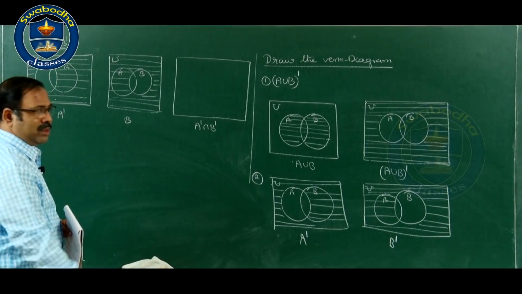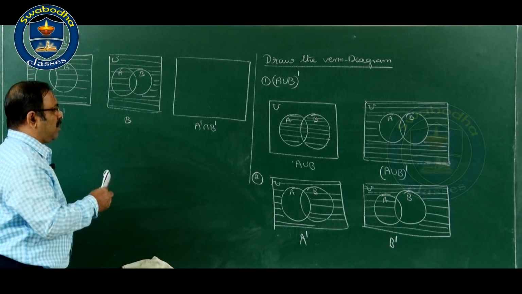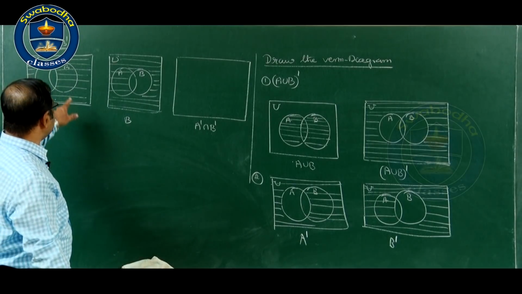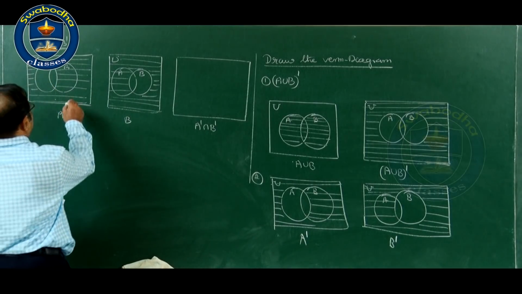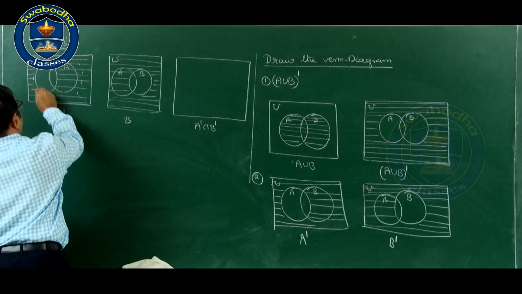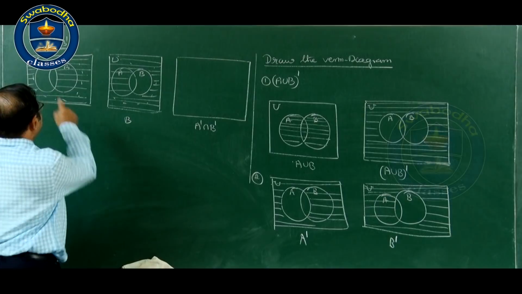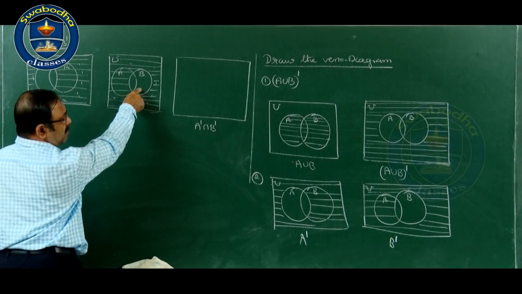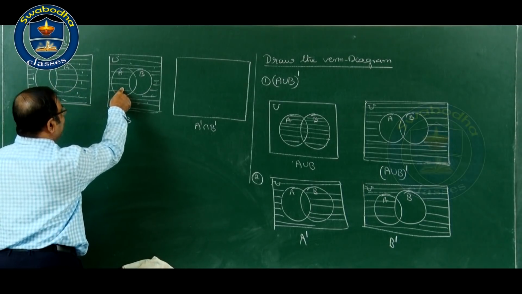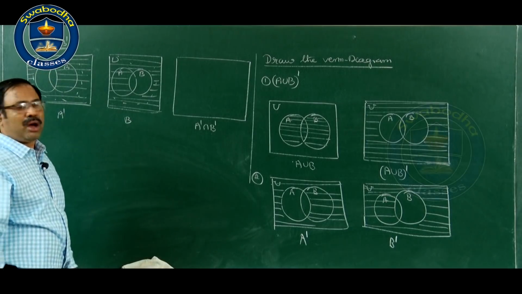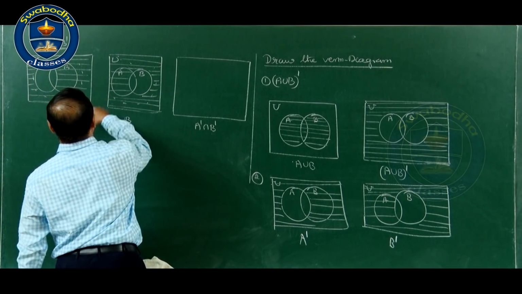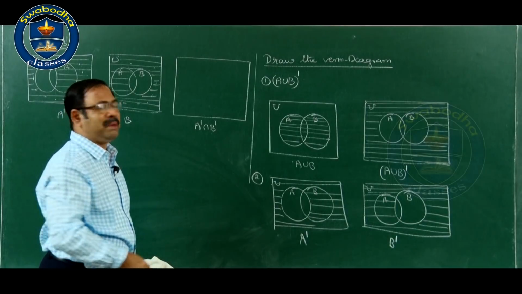Which is common in this? See, here this is, here also we have this, that is common. If we take this portion it is not here, but if we take this A it is not here. So which is the common one? The common is A union B complement.